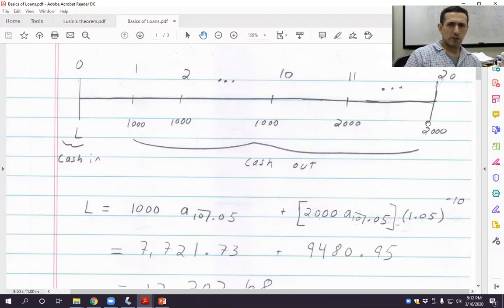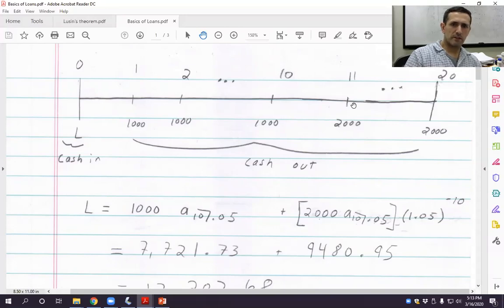So the present value at t equals 10 of the 2,000 payments is 2,000 a angle 10 at 5%, because, as we've done dozens of times, the 2,000 payments are at the end of each year. So at the end of the 11th year is t equals 11, so we do the 11th year to the 20th year.